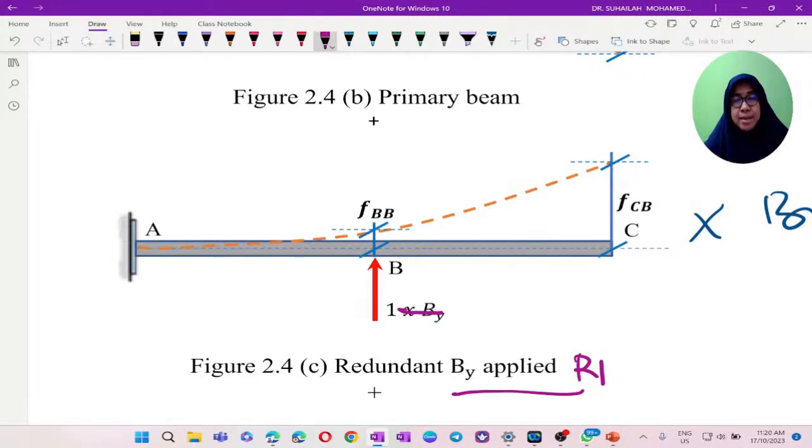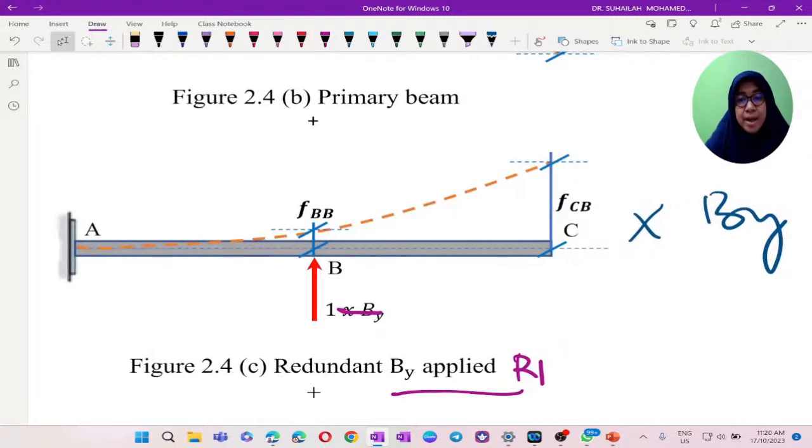We put BY outside, which means that everything inside the system we have to multiply by BY. Not only the unit value, the deflection also we have to multiply by BY, and the reaction also. So this is a cantilever beam subjected to a unit value.